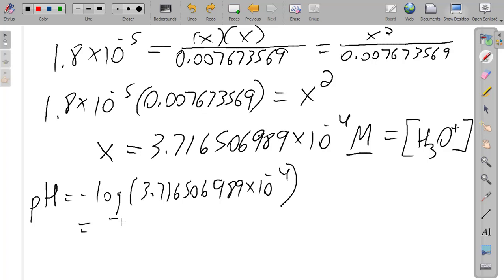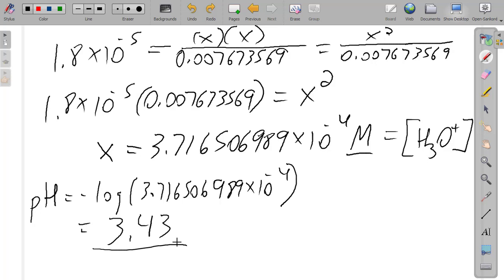And so the final answer out of this, and I apologize for not having the raws on there, but you can calculate this and be sure, I end up with a pH of 3.43 as a rounded answer. So make sure that you have that as well.